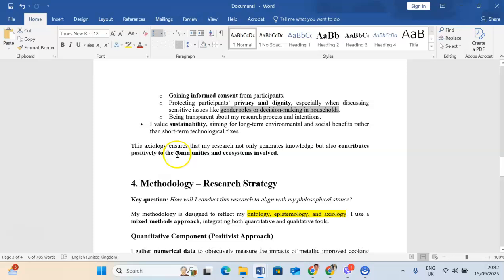I value sustainability, aiming for long-term environmental and social benefits rather than short-term technological fixes.